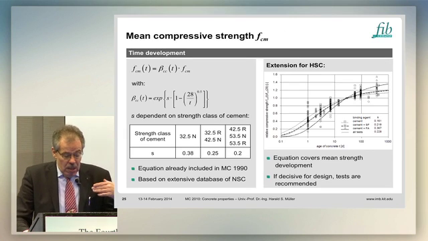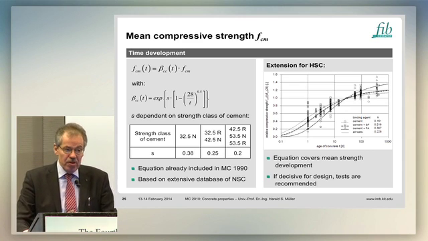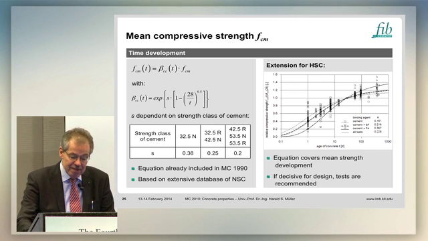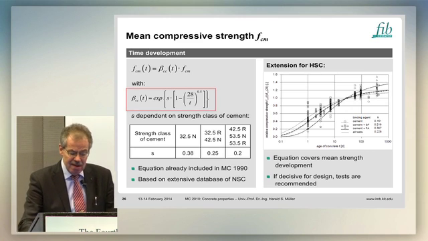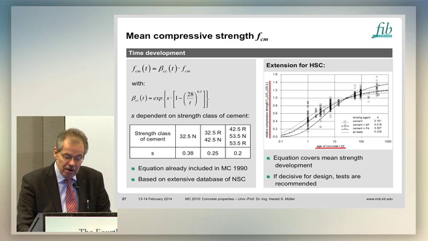Well, in Model Code 2010, but also in the old Model Code, we had a function which indicates the time development of the relative compressive strength. You see here the function is an Arrhenius type function, an Arrhenius-based approach. And on the right-hand side, you see the relative compressive strength plotted over the age of concrete.